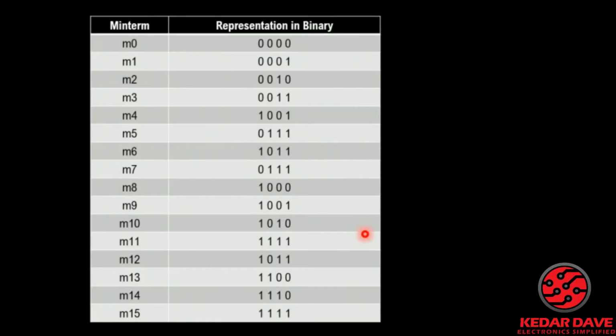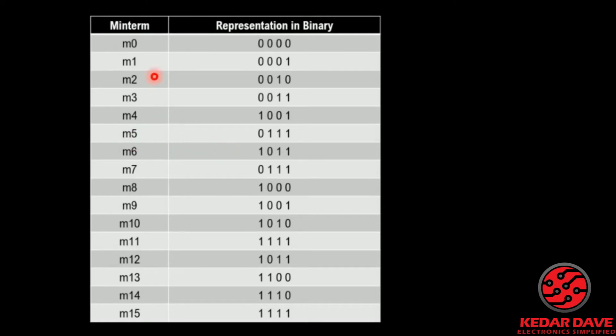First of all, you must remember the minterms and their representation in binary. It will be helpful whenever any kind of example is given to you. From this table we get these values for the minterms.